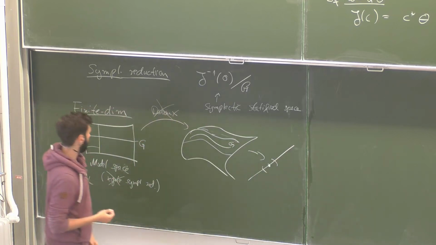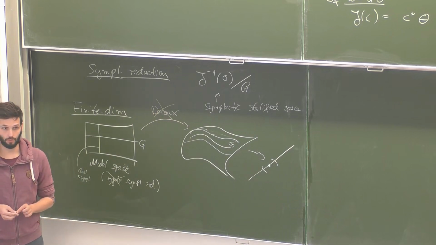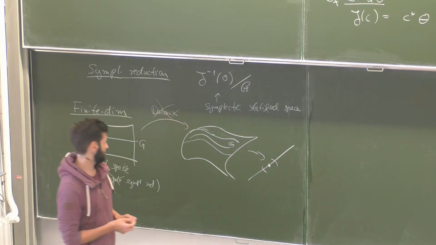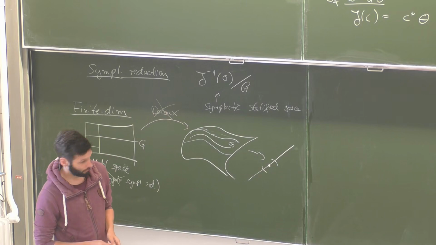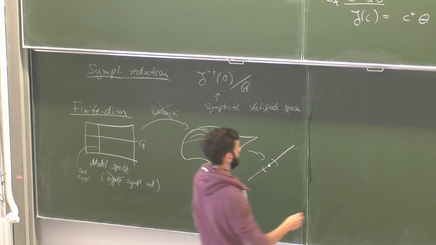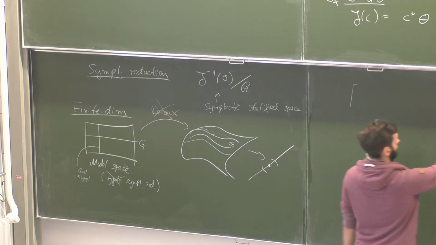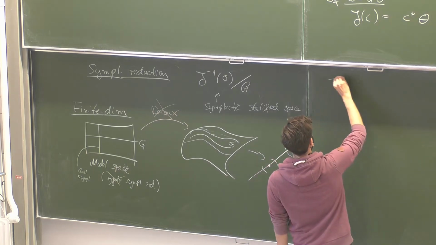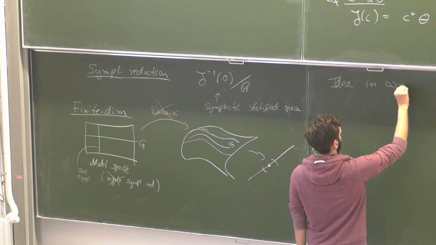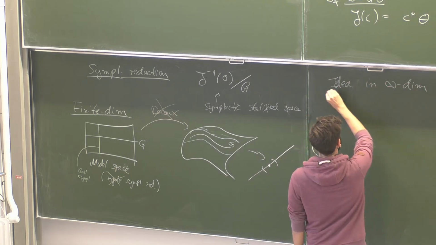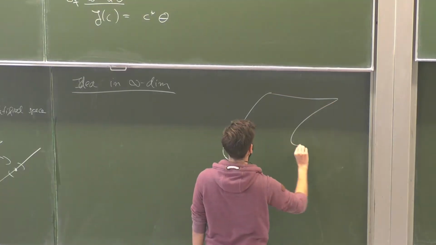So the finite dimensional proof in infinite dimensions just doesn't work, and we need to come up with something completely new in order to make that work. Maybe the basic idea in infinite dimensions is the following: we start with the same problem.